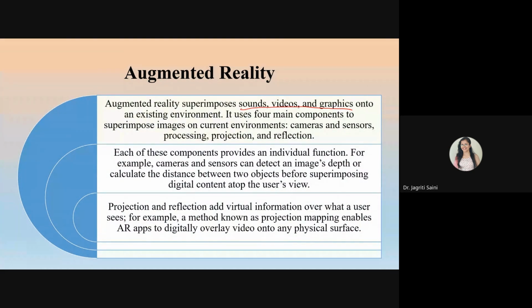The main components of this AR environment include a camera, some sensors, the processing system, the projection system, and then reflection. All these elements collaborate together to superimpose existing images into the current environment.